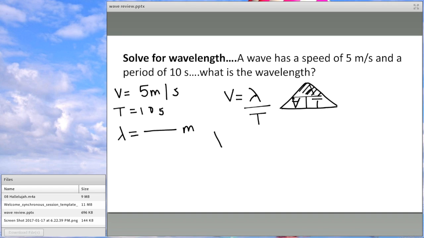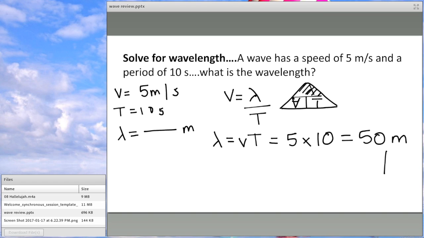So I'm going to have wavelength equals V times T. So I'm going to have 5 times 10, and I'm going to get 50. Okay, what do they call this in your videos? Plug and chug? Isn't that what that lady says?